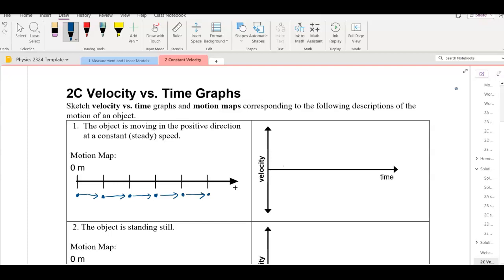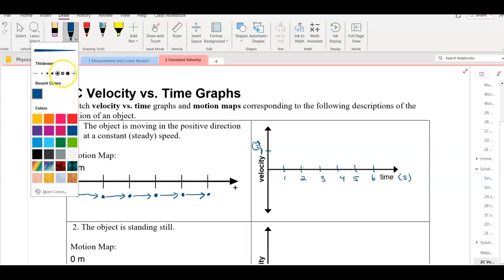Okay, so let me come over here, and I'm going to put a scale on my time axis. This is seconds, and then my velocity, which is meters per second, I need to show a velocity of 1, okay?